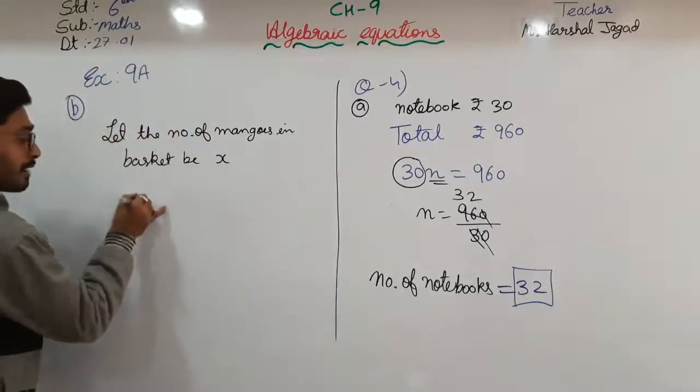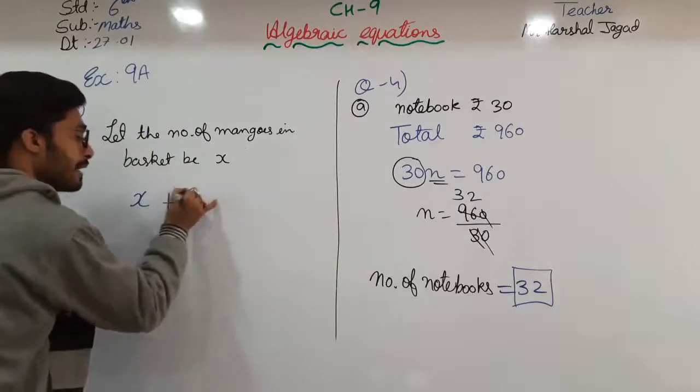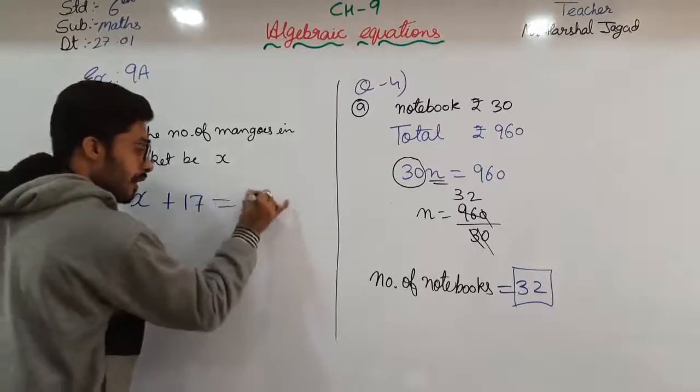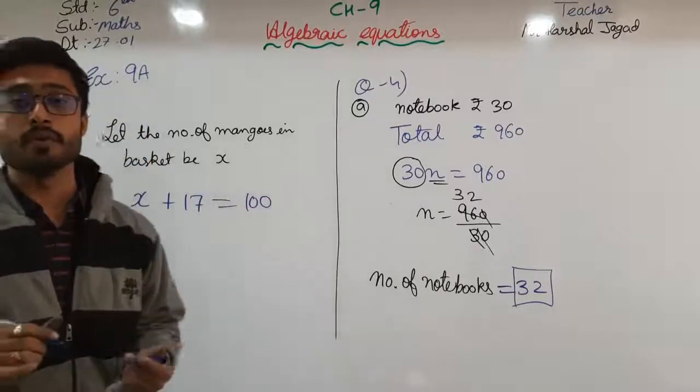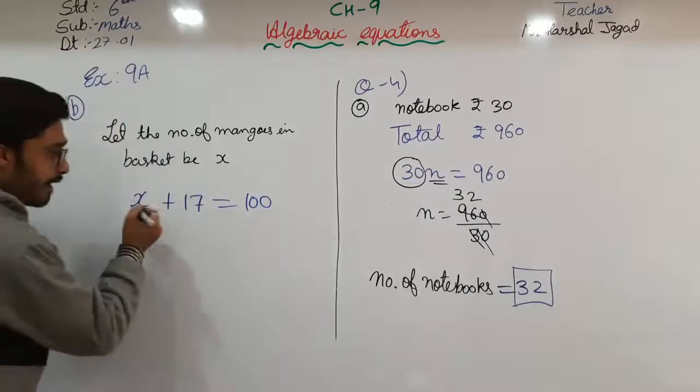So there were X mangoes there. In that we have added 17 more mangoes, to make how much? 100 mangoes. So here we have to find the value of X.